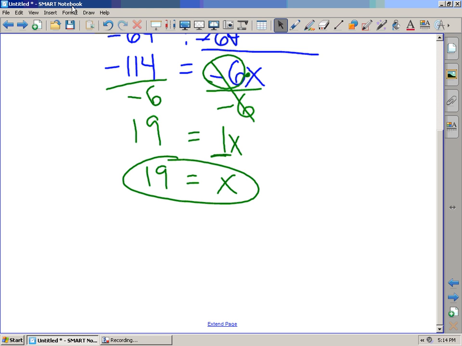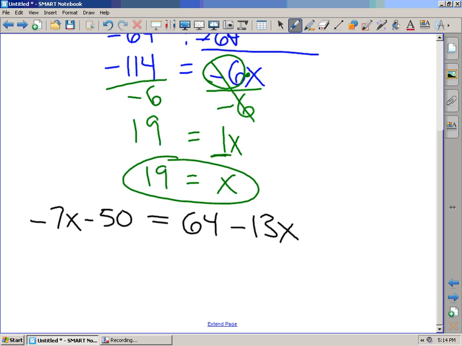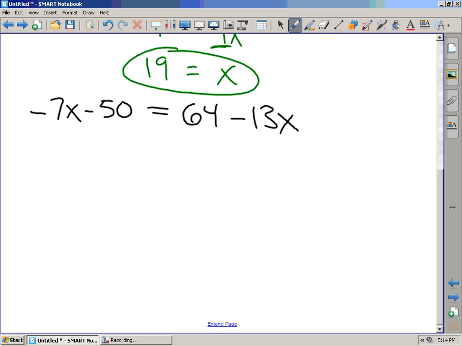So we want to rewrite the original problem. Negative 7x minus 50 is equal to 64 minus 13x. And wherever there was an x, I'm going to put in parentheses.